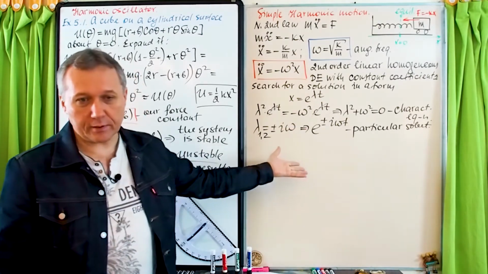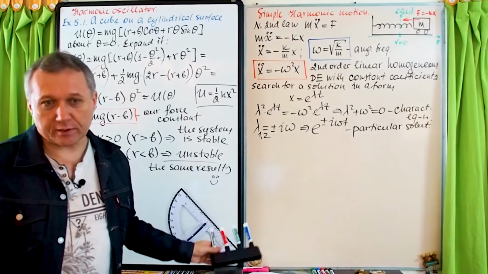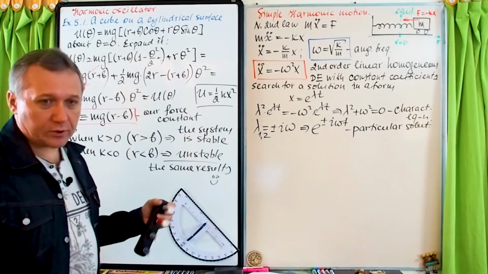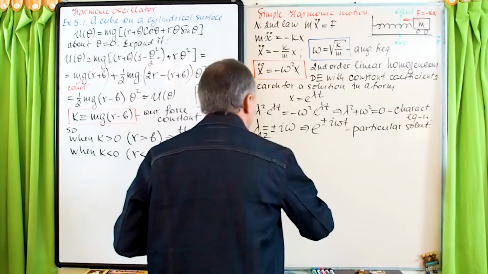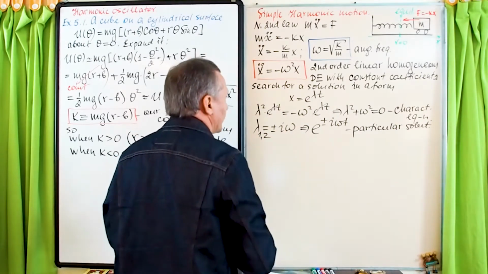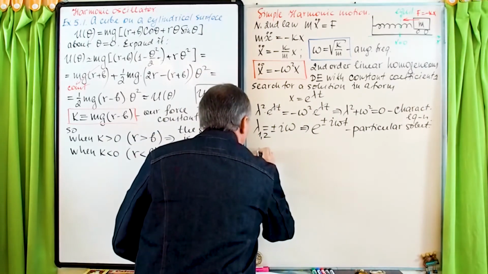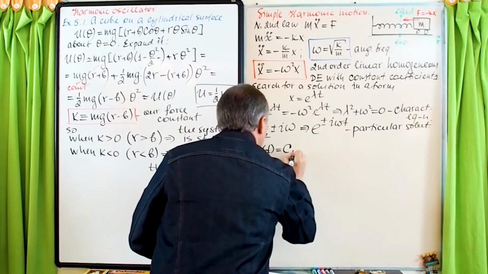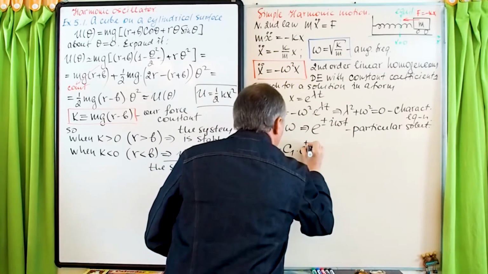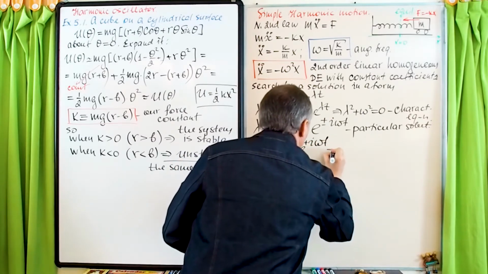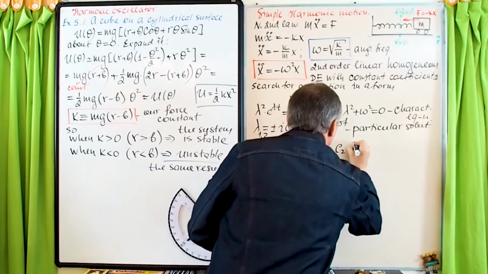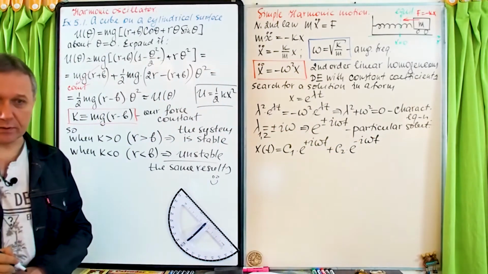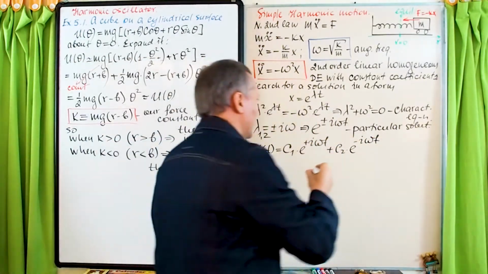So x as a function of t will be equal to c1 e to the power of plus i omega t plus c2 e to the power of minus i omega t. That is the general solution of the differential equation.